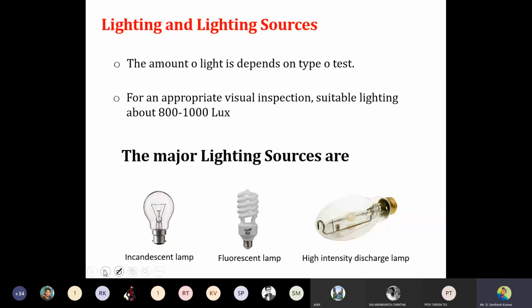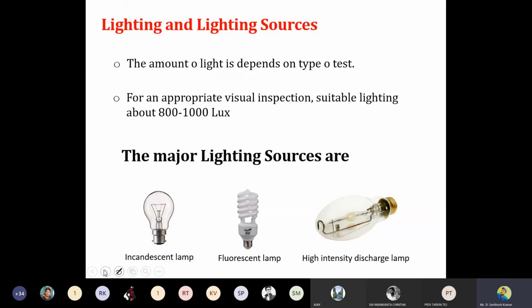We require lighting as well as a lighting source. So majorly we are conducting with visible light, and around 800 to 1000 lux is required. That is the illumination. So that much illumination is required to conduct any kind of visual inspection method.